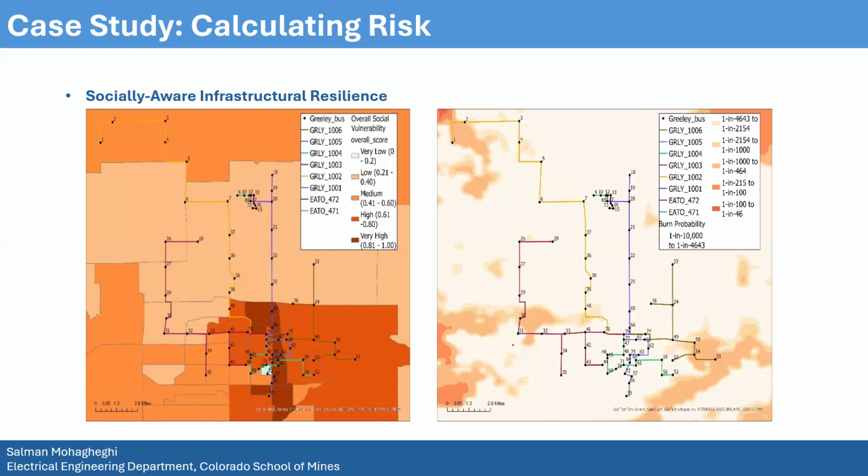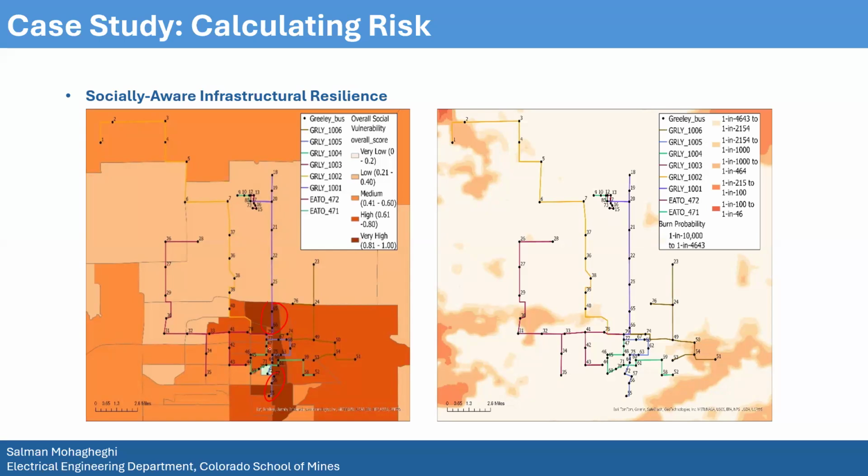So when you look at this map, the darker colors indicate higher vulnerabilities, hence indicating which nodes in this system would need to be prioritized for infrastructure hardening, for any type of resilience measure that we have in mind. On the right side, we have the same distribution grid, which is now overlaid on the map of wildfire risk for the city of Greeley and the neighboring areas.